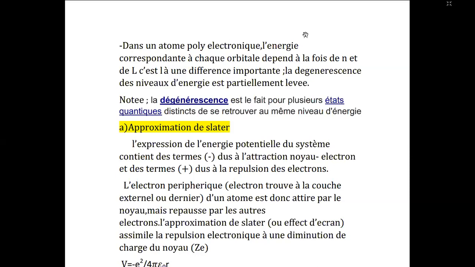Then the secondary number L, which you are asking about, describes the subshells. It describes the number of electrons which must be occupied in a shell. For example, shell 1 must have 2 electrons, shell 2 must have 8 electrons.